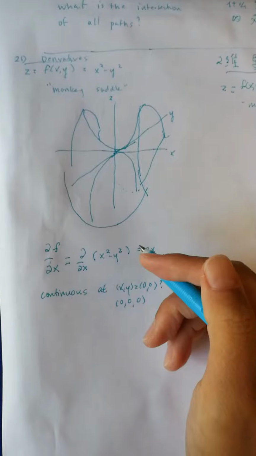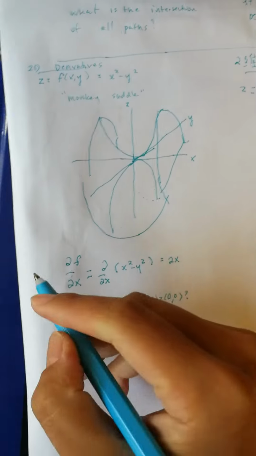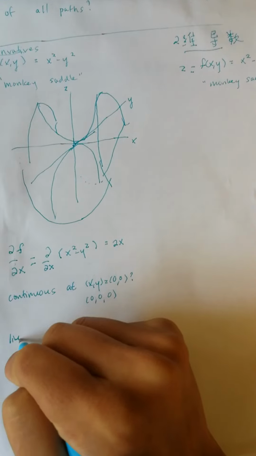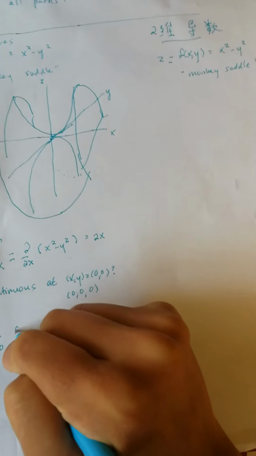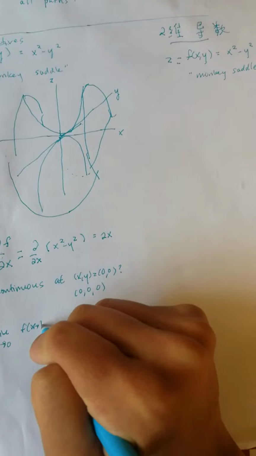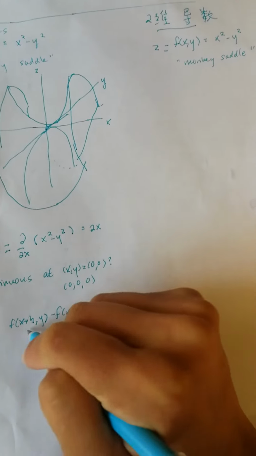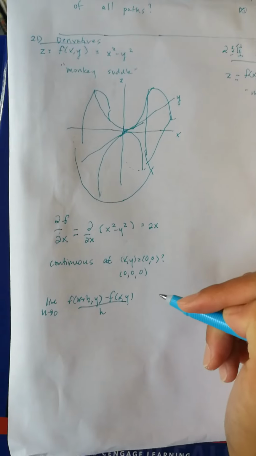So let's say we want to take the limit as h approaches 0 of f of x plus h comma y minus f of x, y all divided by h.